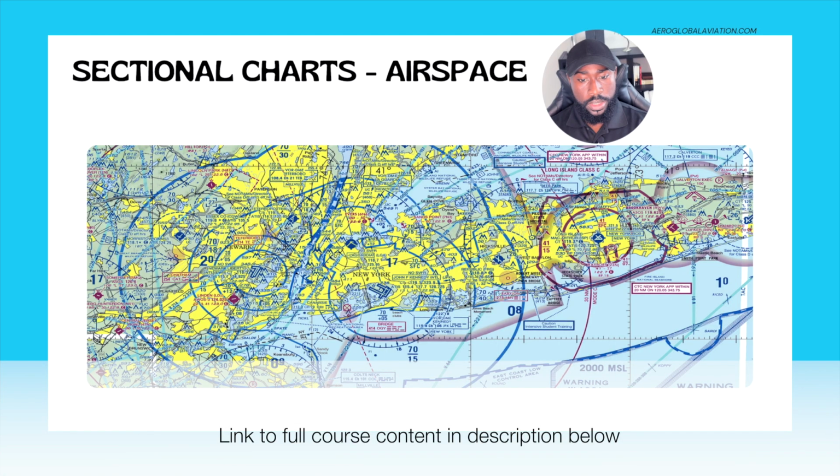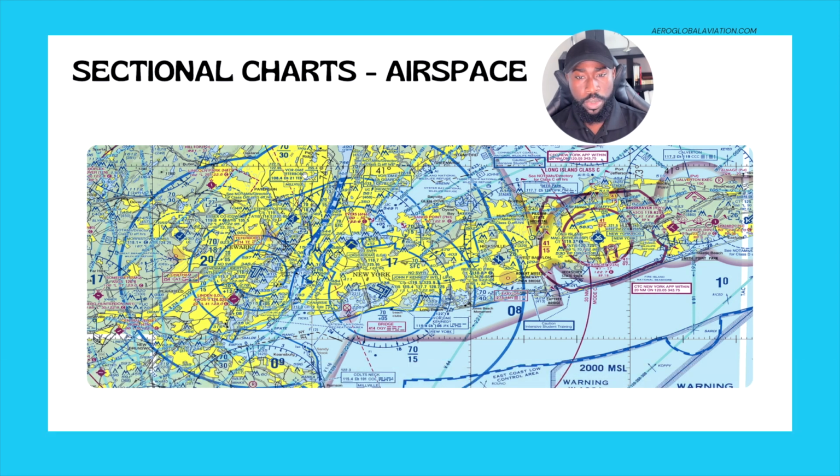In this image, I have a general picture of what the sectional chart looks like. The sectional chart, which we talked about in the previous section on cross-country flight planning, is very important to your career as a pilot. You really need to familiarize yourself with the sectional chart and what it looks like. Here I just have a picture of the airspace around the city of New York.